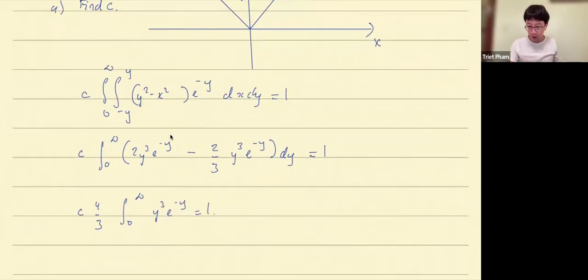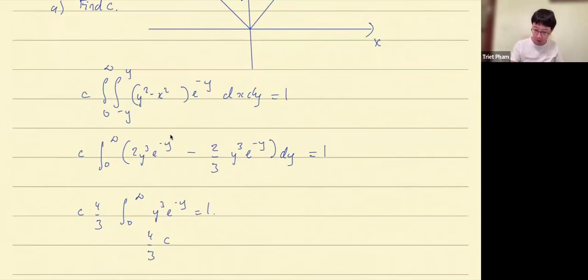And so we have to integrate this. But the good news is we only have to do it once. Let's see the reason why. So that's 4/3 times 3y, sorry, we integrate this and differentiate this.